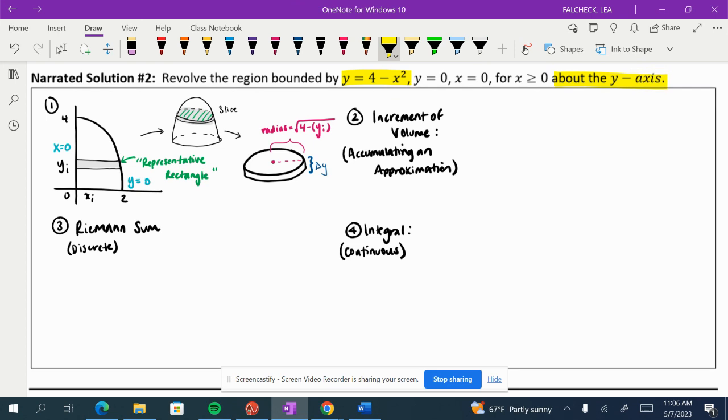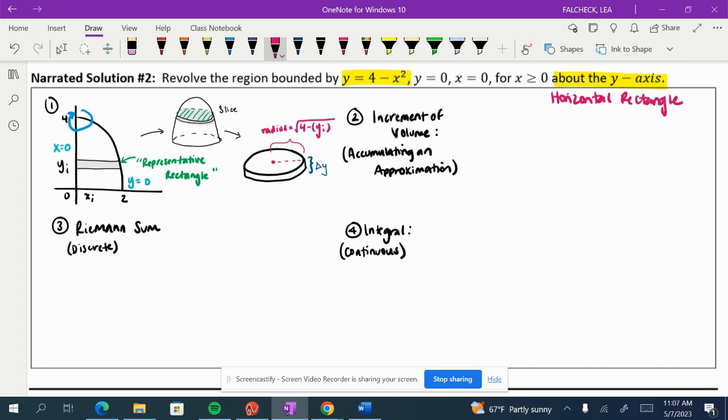If you're rotating a function about the y-axis, think about what your representative rectangle would look like. It would have to be horizontal. And if it is horizontal, when it is swept out to generate a 3D solid, that slice is going to be horizontal.